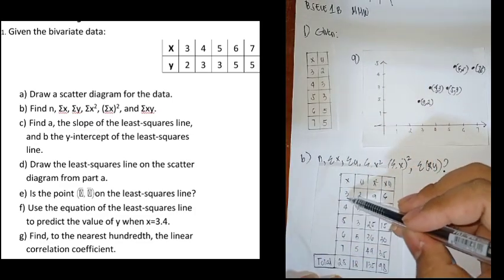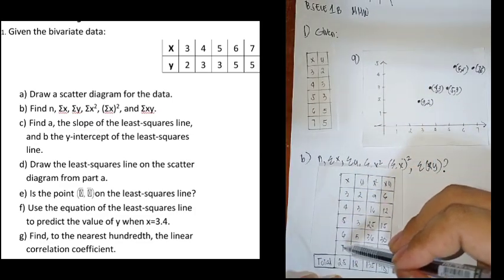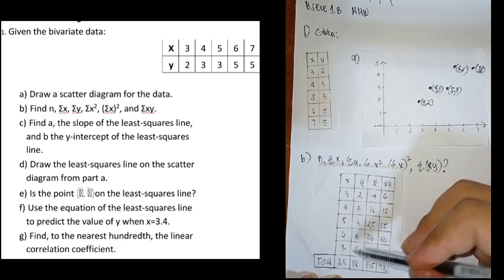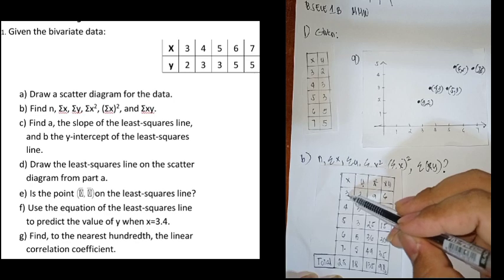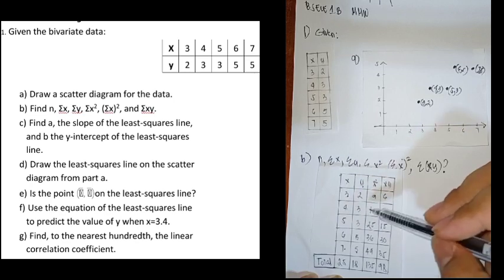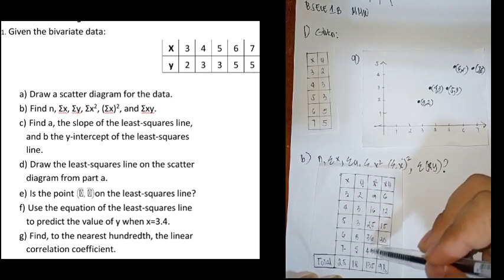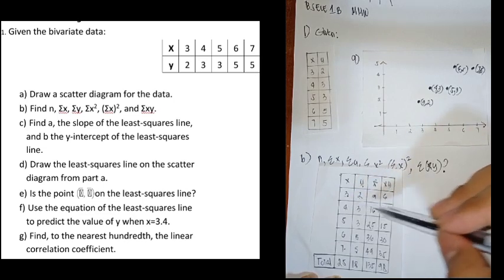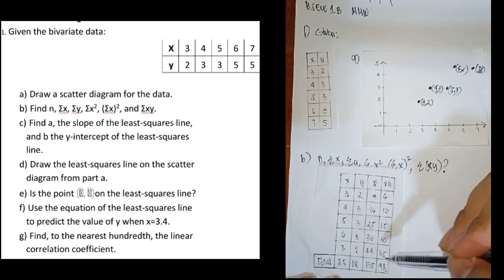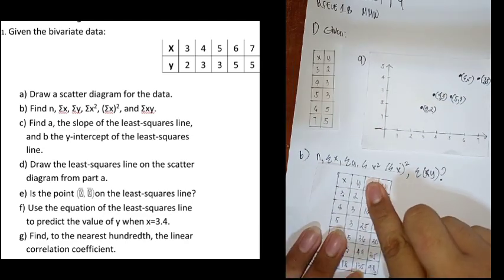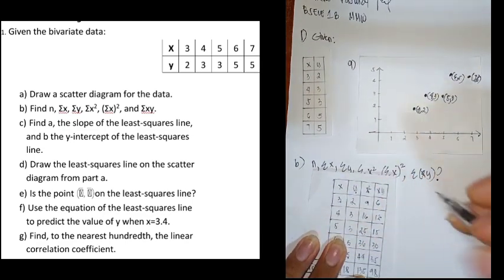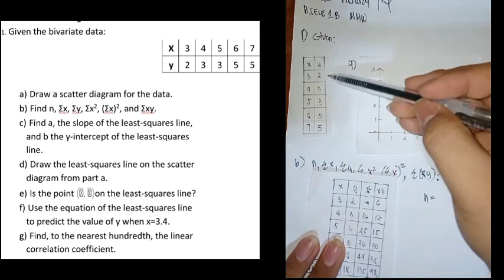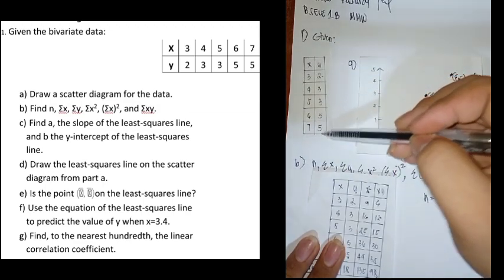So x is 3, 4, 5, 6, 7, y is 2, 3, 3, 5, 5, x squared is 3 squared, 9, 4 squared, 16, and so on, xy is 3 times 2, 6, 4 times 3, 12, and so on. All we have to do is find n, which is the number of paired sets: 1, 2, 3, 4, 5.